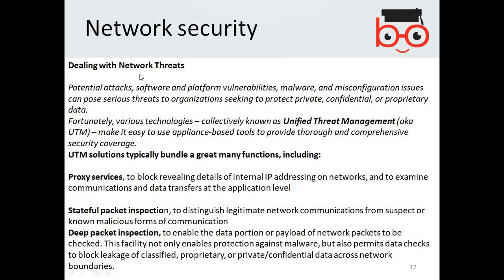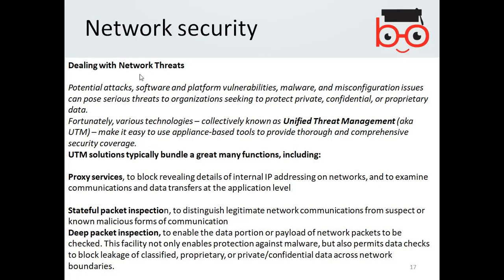So let us see how your network is open to threats and what kind of threats can happen to your network. Potential attacks, software and platform vulnerabilities, malware and misconfiguration issues can pose serious threats to organizations seeking to protect private, confidential and proprietary data.